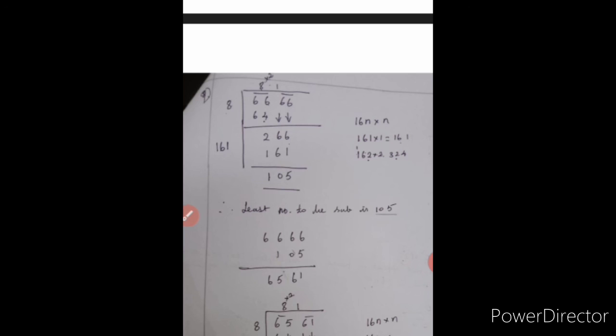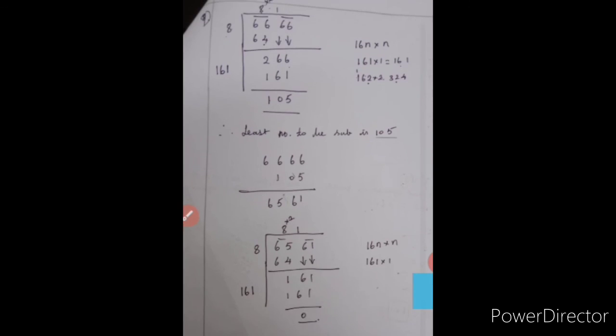Just group the numbers into pairs. Your first pair is 66. You have to see the square numbers. So 8 8s are 64. 66 minus 64 is 2.